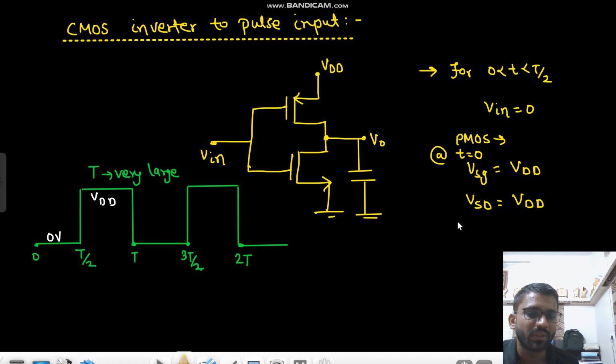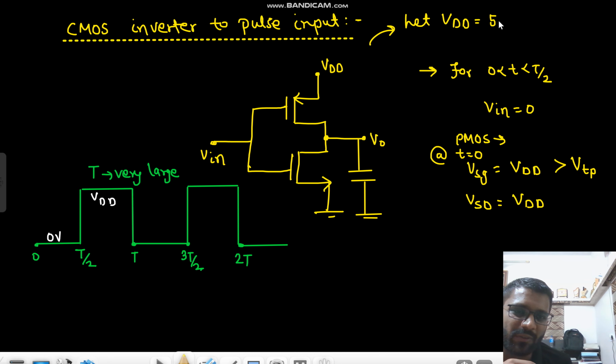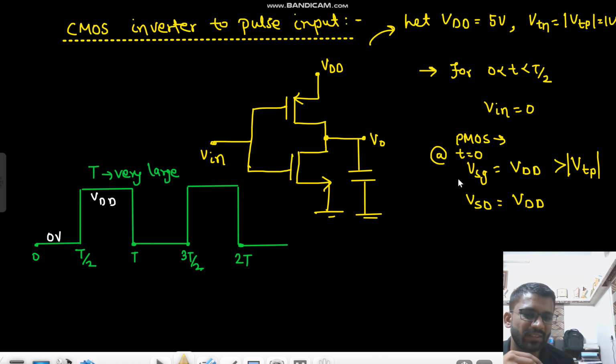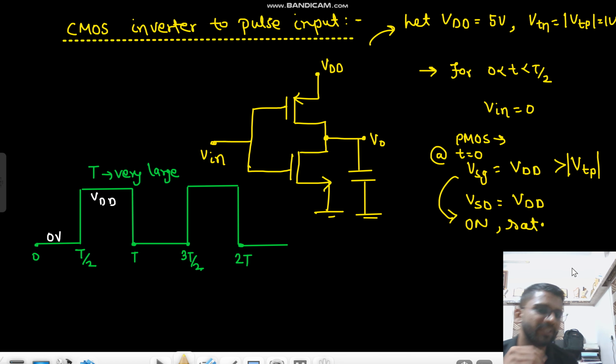Here VSG is greater than VTP, right? The value of VDD is not given, but you can take VDD equals 5 volt, VTN equals mod of VTP equals 1 volt. So VSG is greater than mod of VTP, that means it is on and in saturation region. Why saturation? Because VSD is greater than VSG minus VTP.